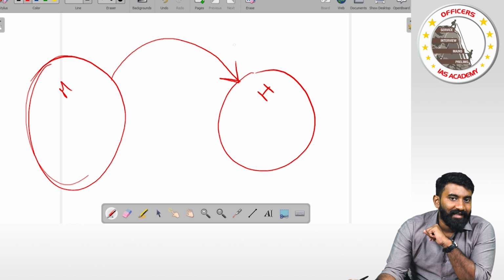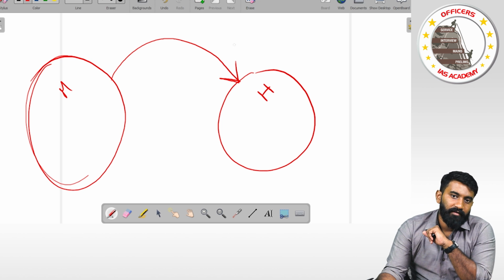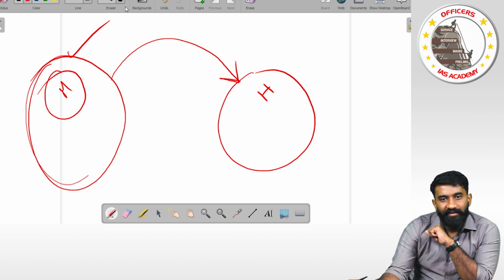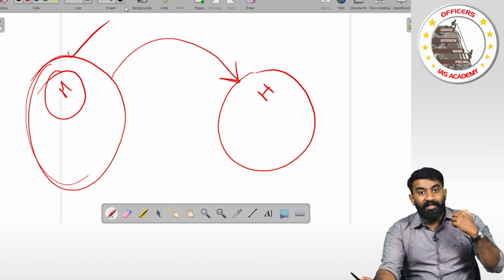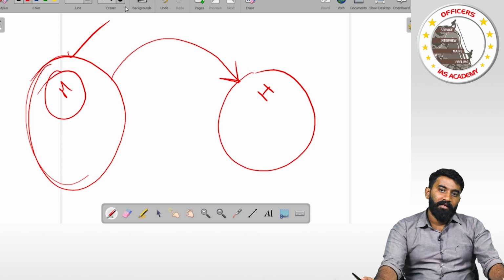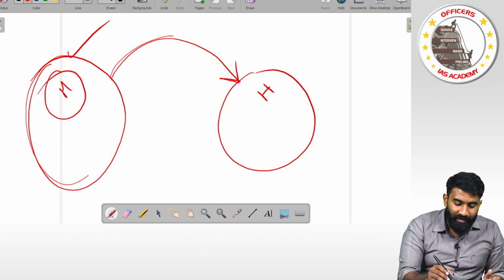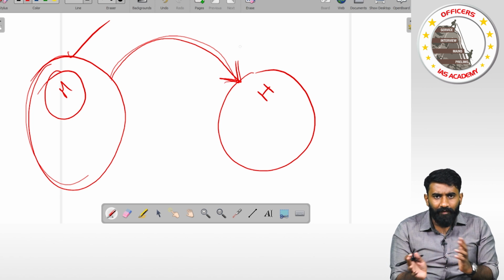But the problem with this theory is that this is not correct. It has been proven that it is not correct, because Mesopotamian script has been deciphered. We know the meaning of what each and every character is, and we know what is written over there. If Harappan script is derived from Mesopotamian script, then there would be some similarities, right?